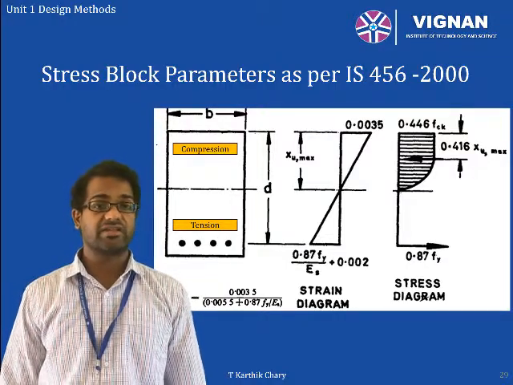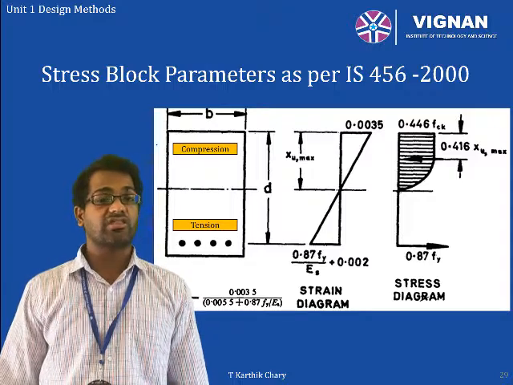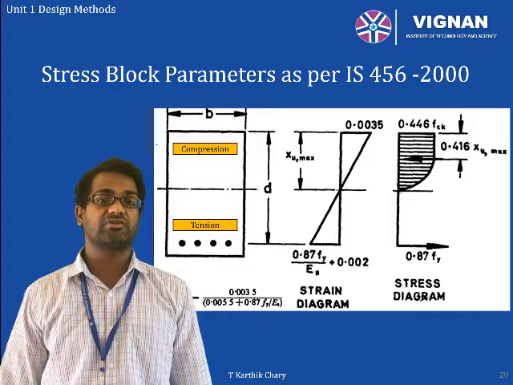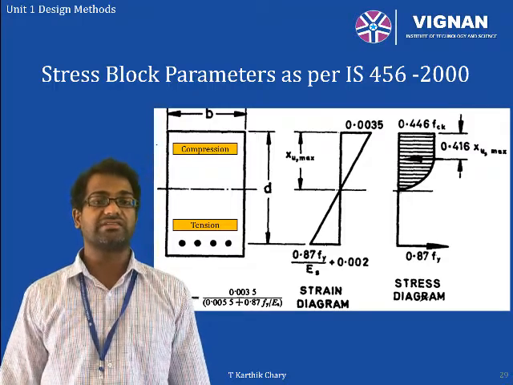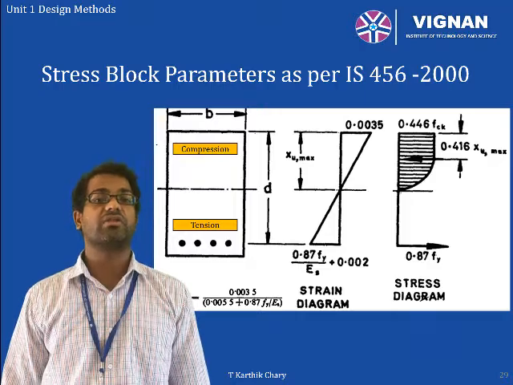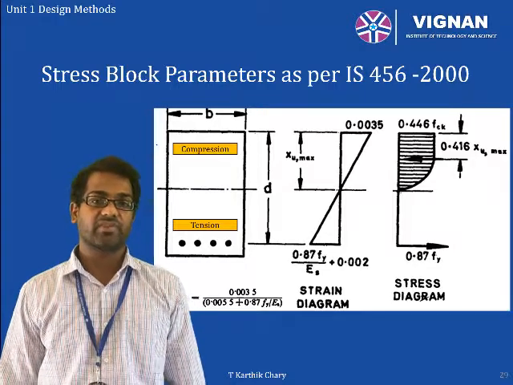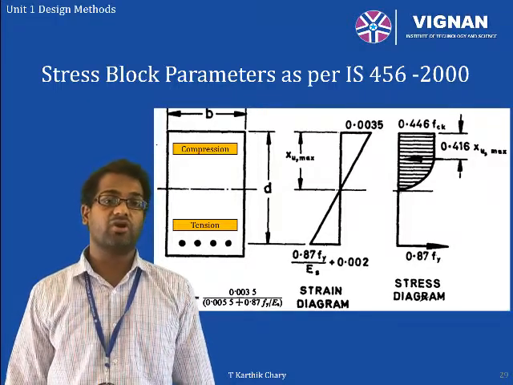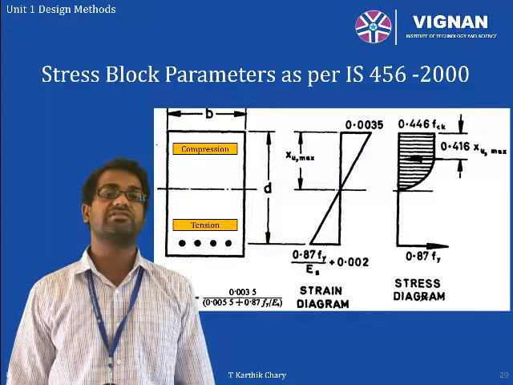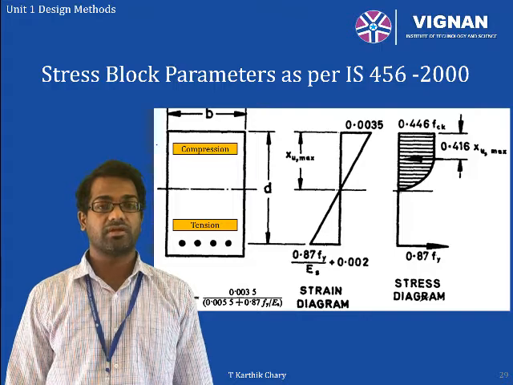The second assumption is that the strength of the concrete in compression is considered, and you can see the extreme strain in the concrete is 0.0035, whereas the strength of the concrete in tension is completely neglected and the entire tension is taken by steel alone.